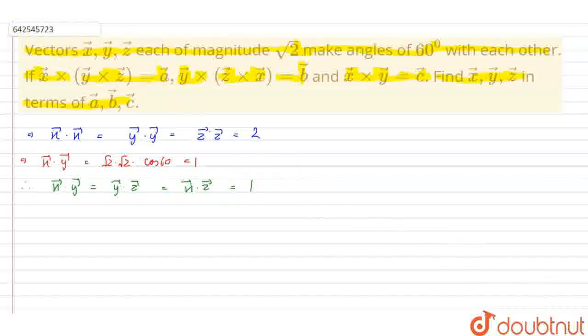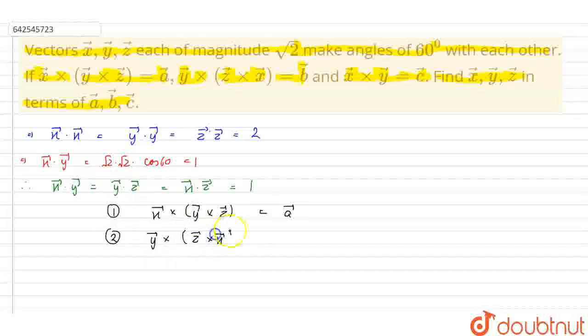So using this, we have three equations. First, x vector cross (y vector cross z vector) is equal to a vector. The second equation is (y vector cross z vector) cross x vector is equal to b vector. And the third equation is x vector cross y vector is equal to c vector.